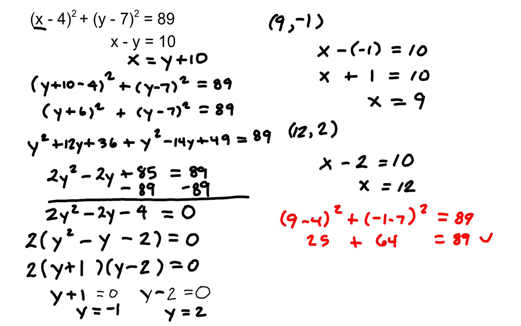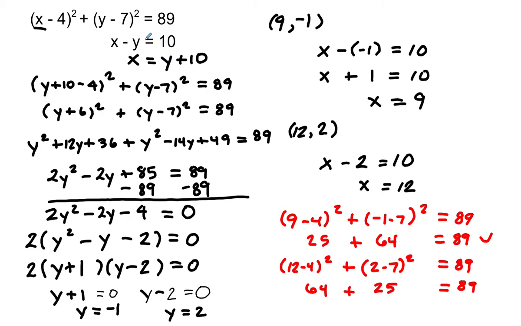So we've got 12 minus 4 squared plus 2 minus 7 squared equals 89. 12 minus 4 is 8. 8 squared is 64. And then 2 minus 7 is negative 5, and negative 5 squared is 25. So you're going to see here that that is also going to equal 89, so we know that we were on the right track. We plug them in up here.